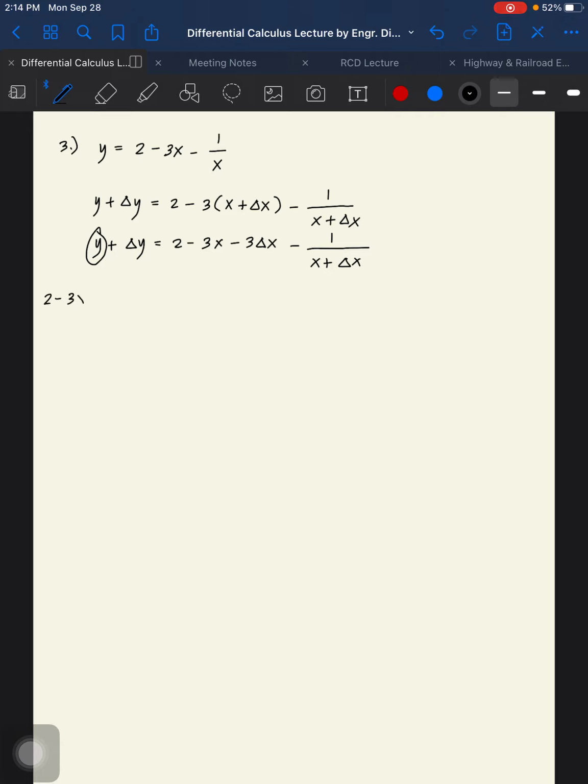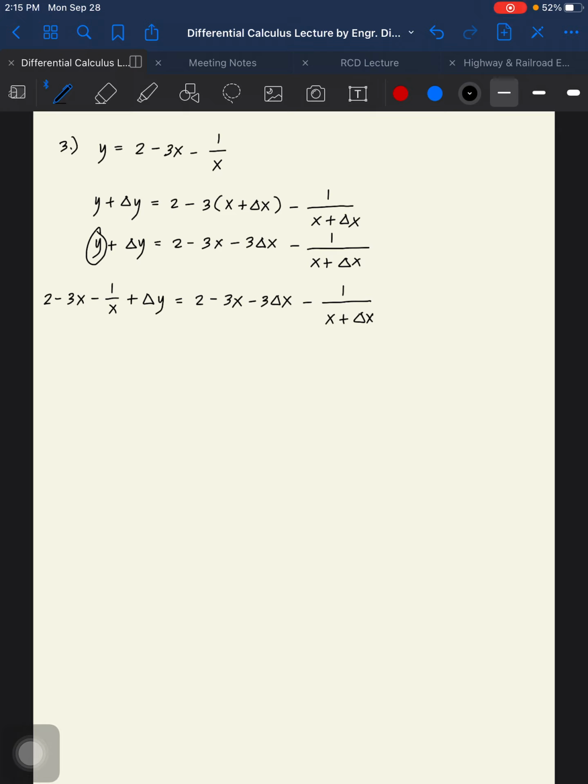We have 2 minus 3x minus 1 over x plus delta y equals 2 minus 3x minus 3 delta x minus 1 over x plus delta x.